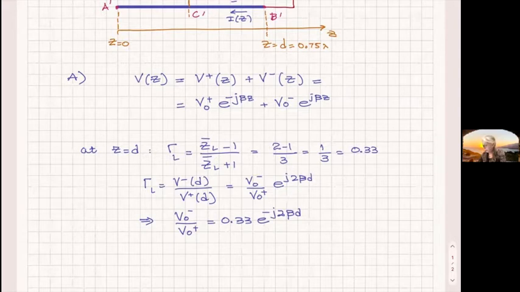What the V minus is going to be compared to V plus depends on the load. It could be any complex number. It will have amplitude and phase, obviously, and it could have any amplitude, as you will see, from 0 to a number, and any phase.